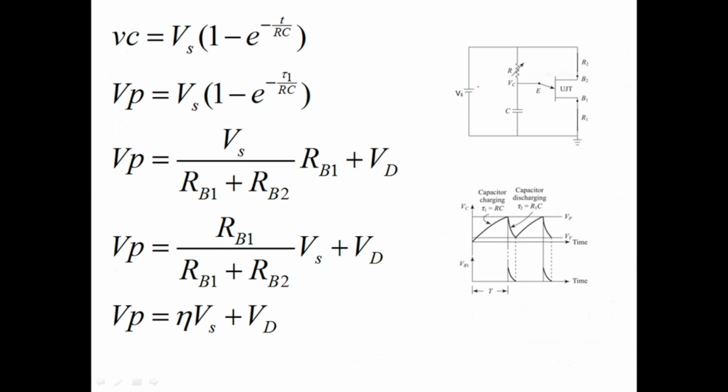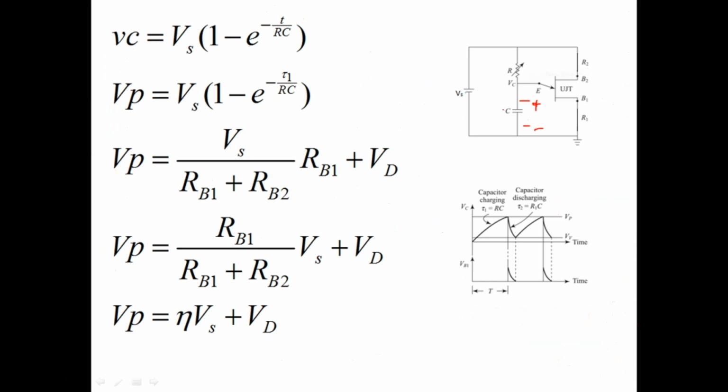As I told earlier, you may be very familiar with the capacitor voltage formula. The voltage across this capacitor, if I measure it somewhere here using plus and minus, is Vs times 1 minus e power minus t by RC. When t is 0, the capacitor voltage is Vs times 1 minus 1, which is 0.